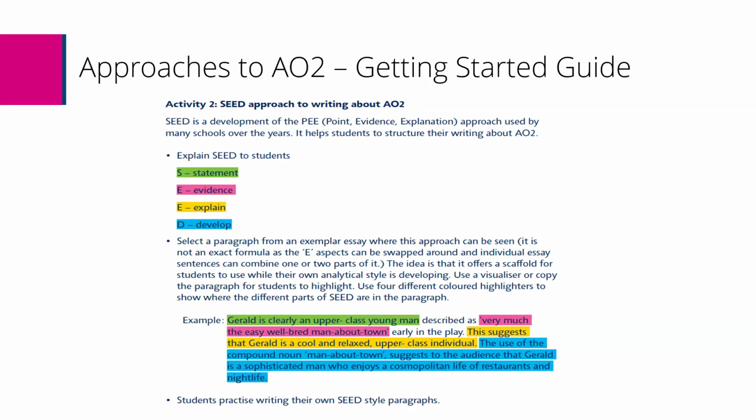So we're looking at how language, form and structure are used to create meanings. This is called Exploding Language. And again, it's in the Getting Started Guide, pages 46 to 47. Just going to give you a moment to read through that, and then I'm going to direct you to something else.